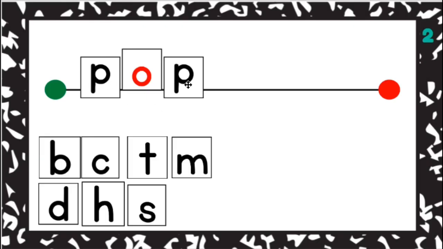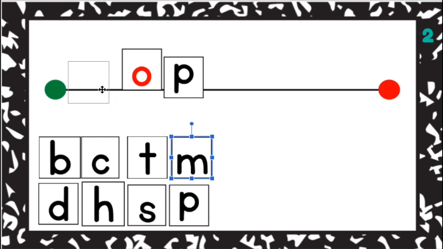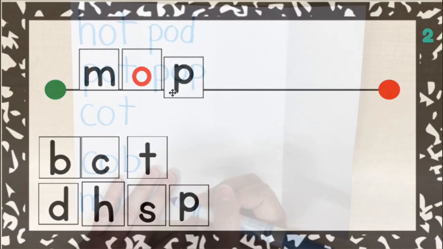Now we're going to change the word pop to the word mop. M, ah, p. Mop. I need to change the first sound to an m. Mop.